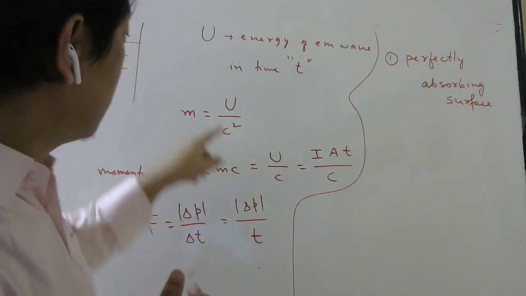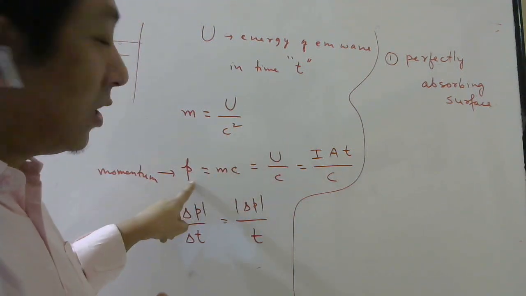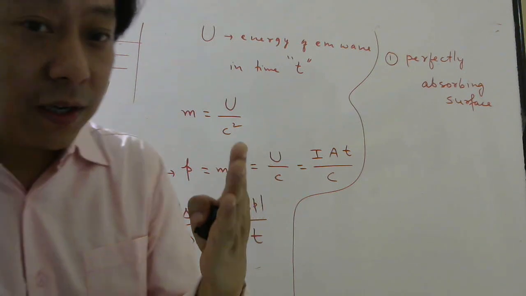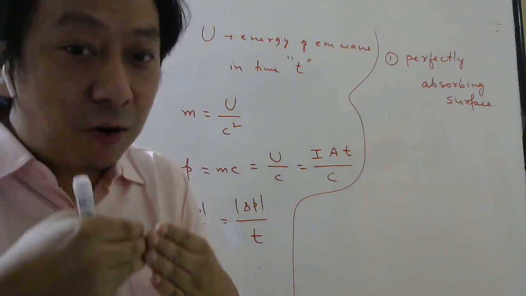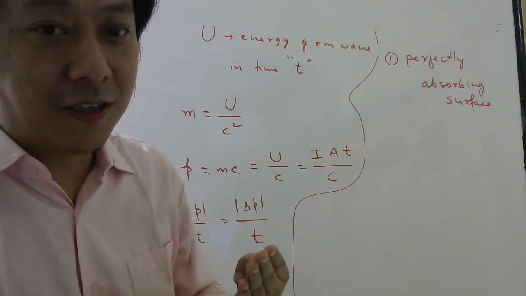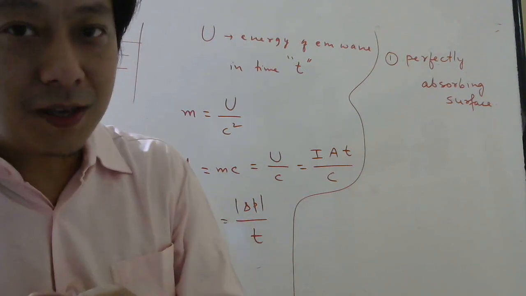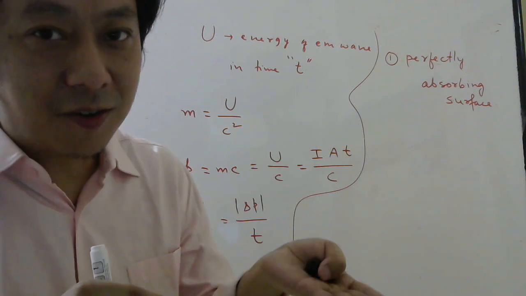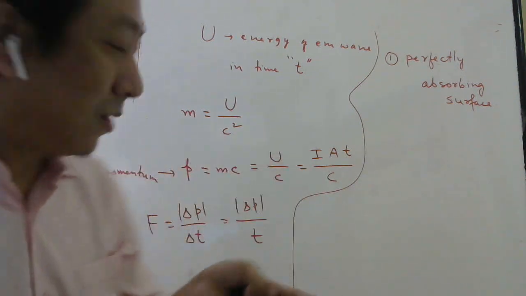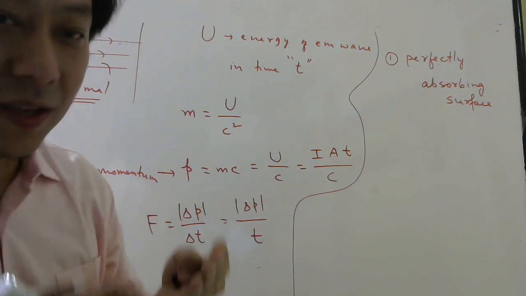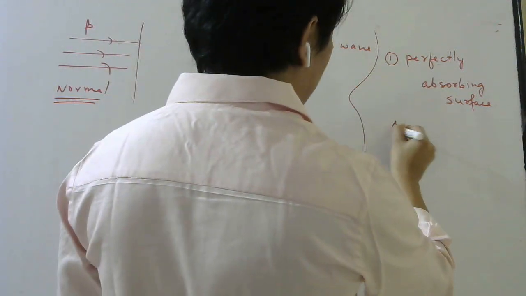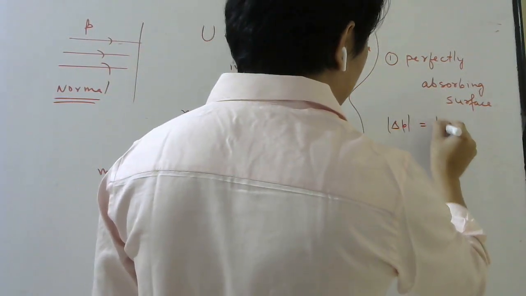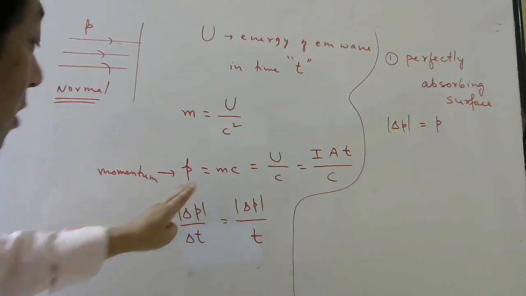No momentum, because no energy is left, so no momentum can be left. So if momentum was P before and now there is no momentum, what is the change? 0 minus P, because initial momentum was P, final momentum is 0. So 0 minus P is minus P, since I want only magnitude, the change in momentum will be P. Which P? The P which is transferred.